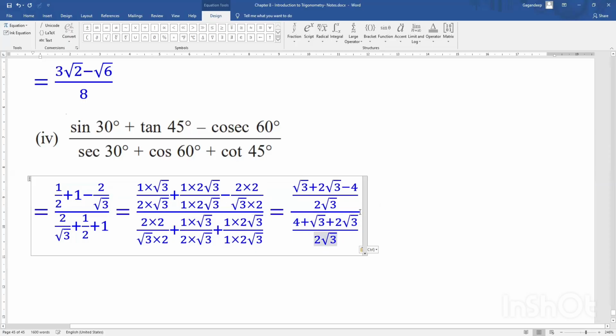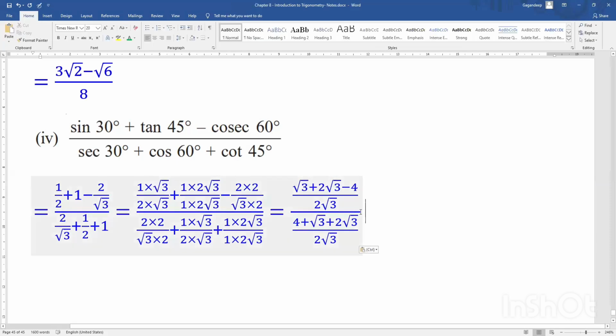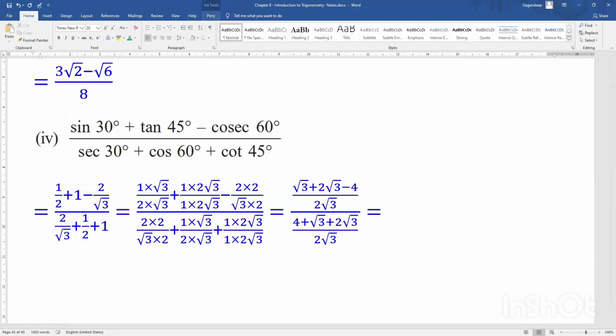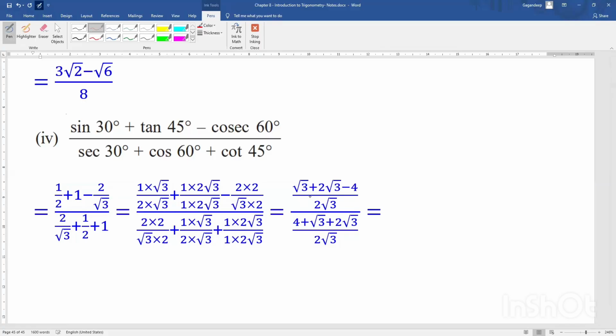Now we can cancel off this 2 root 3, 2 root 3. It gets cancelled. I can show you the cancellation. So here I'm cancelling both 2 root 3 and 2 root 3.